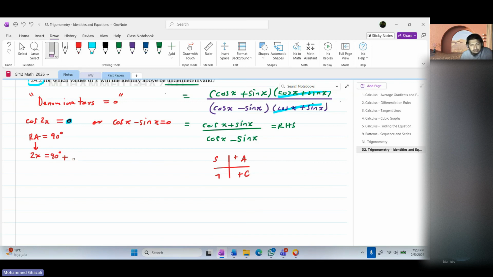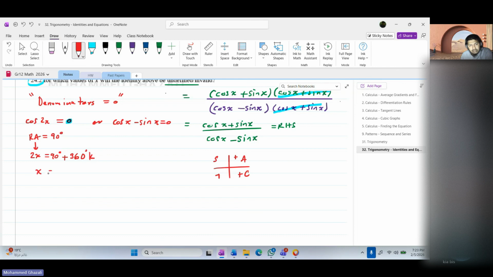So 90 degrees plus 360. Cos of 90 is 0. 90 plus 360k. Yeah, that should suffice.